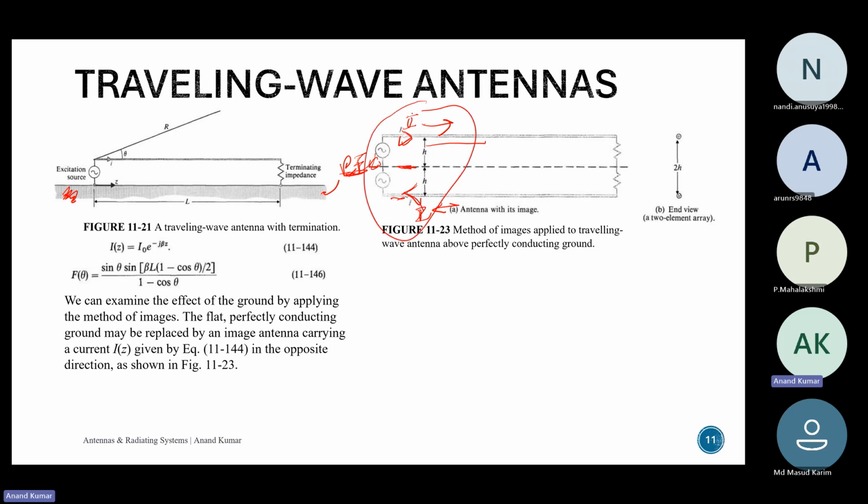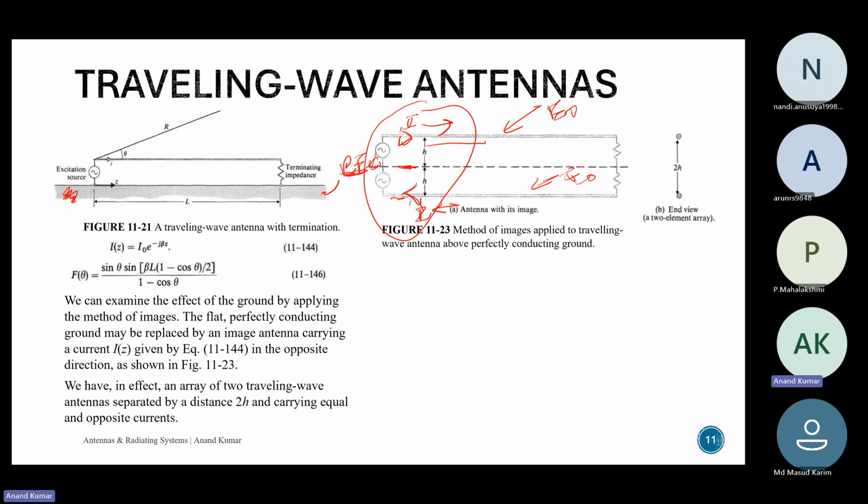Now we have a system which looks like an array. In the previous discussion we had the expression for the electric field for the first element. Similarly, we can write the expression for the electric field for the second element and solve it, or we can use our previous knowledge of the array factor and directly write the expressions.